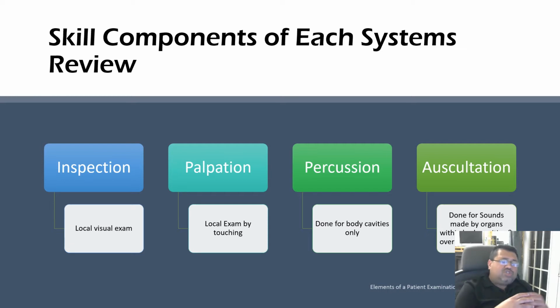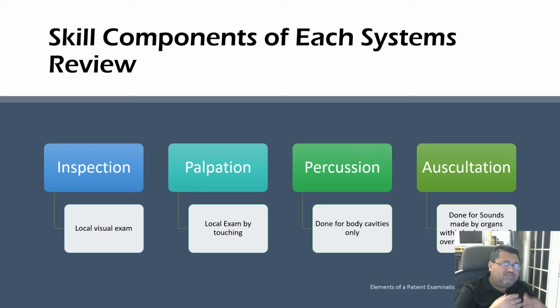So as I mentioned, we are now in the review of the skill components of each system. And when we examine each system, we need to think about four clinical steps. These clinical steps, the broad headings, are going to be inspection, palpation, percussion, and auscultation.